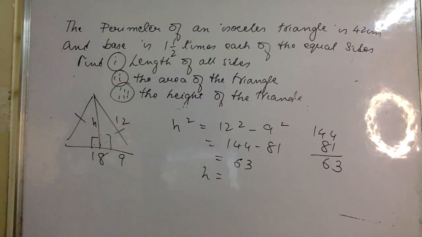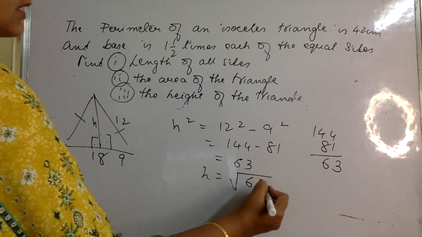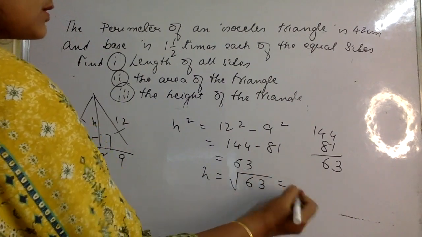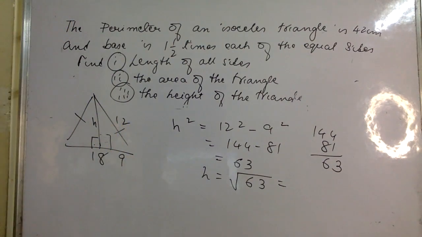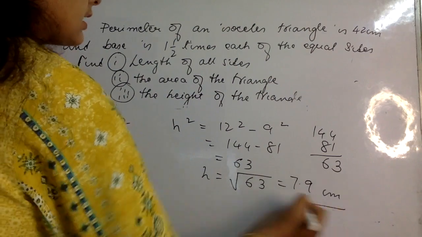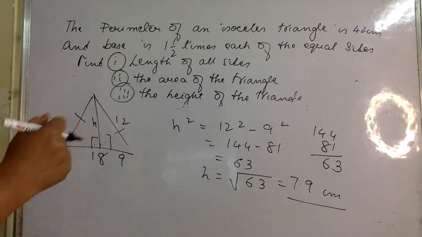H is equal to square root of 63. If I find the square root of 63 by the division method, I will get something very close to 7.9. That is how I can easily find the height of the triangle.